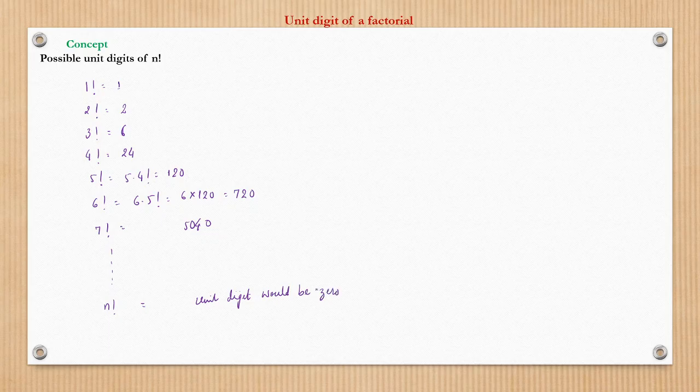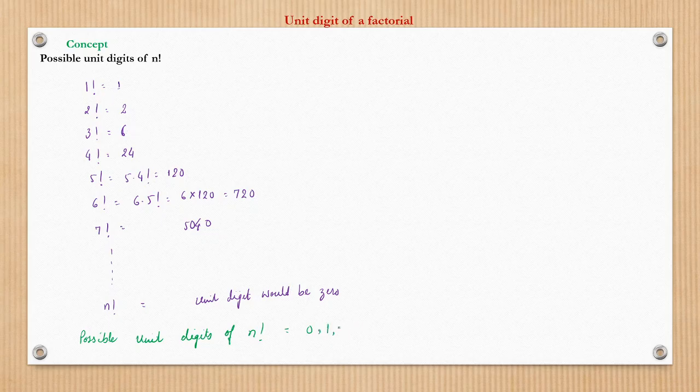So from here, what I can say is that the possible unit digits of n factorial, where n is greater than or equal to 1, are 0, which we have seen, then 1, 2, 4 and 6.